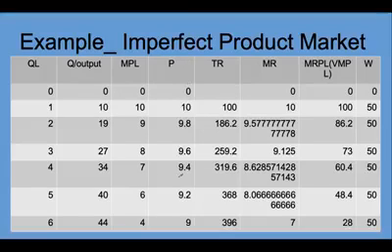And you see the price is different. As you want to sell more, your price is going down as well. That's your demand curve in an imperfect market, because it's downward. And then we can calculate the TR.